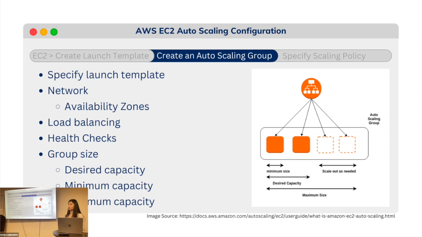Health checks allow your ASG to detect unhealthy instances, so it's usually an endpoint on a server. Finally, in group size, you want to define this so that your auto scaling group is maintained within a certain size. This may be the minimum number of instances that you want your ASG to support or maximum number of instances. So you would just configure those.